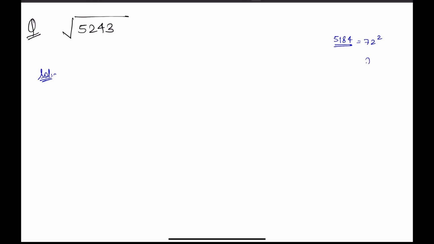Then 73 square if we calculate. So 3 squared is 9, then 2 times 7 times 3 is 42, plus 49, 5329.